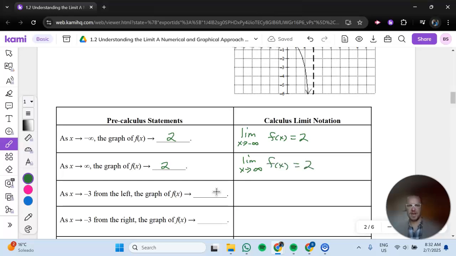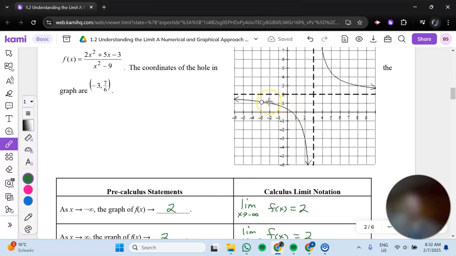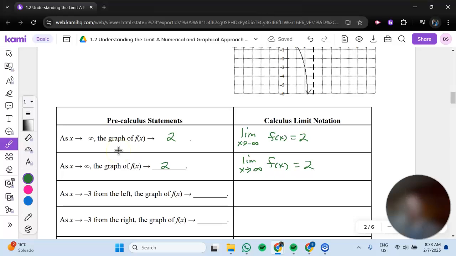The limit of f of x is also going to be equal to 2. Now, as we approach -3 from the left, so as we're approaching -3 here, and we're doing so from the left-hand side, we're going to approach 7/6. Okay? Now, likewise, if we approach it from the right, we're also approaching 7/6. That won't always be the case, but in this case it is because it's a hole. And so how do we write that in calculus notation?